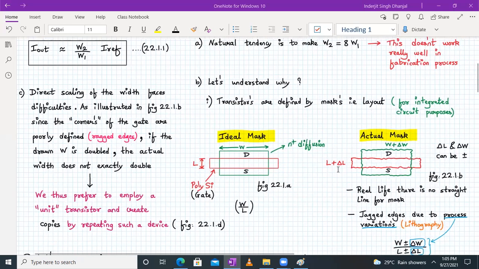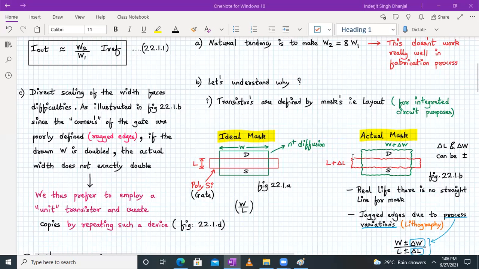But an actual mask in reality after the fabrication process may look like this. The W which you have defined on paper or on your computer will not be equal to the same value. Let's say W is 90 nanometer. It might not be 90 nanometer; it might be 91 or 92. And the channel length, let's say it's around 45 nanometer, will not be exactly 45 nanometer; it will be close to 45 plus something.